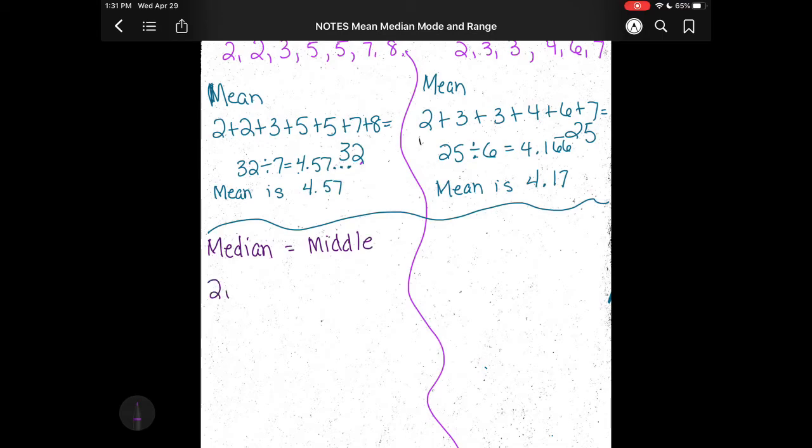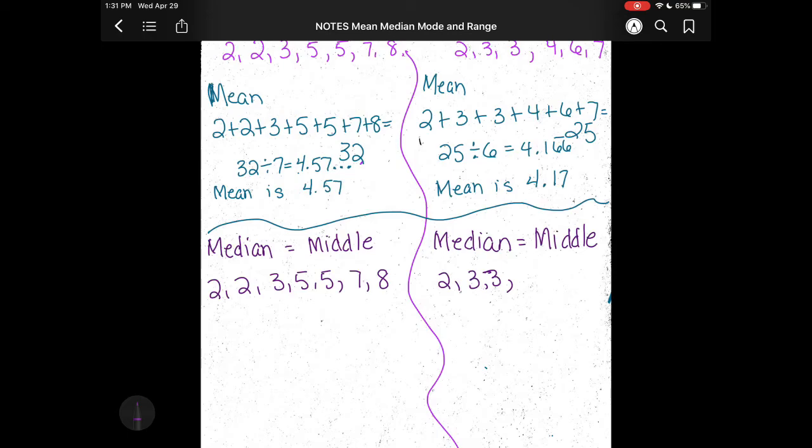So with our numbers in order from least to greatest, I'm just writing down the numbers. Okay, so we're going to find the median. We're going to count in from the ends to find the number in the middle.